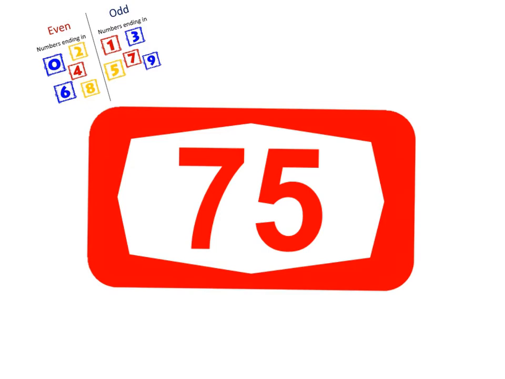We could even try it with really big numbers as well. Alright, here is that big number, for example, 8,074. Now you might think, geez, that is a big number, and I've got no idea if that is odd or even. But remember, we know that trick. We don't have to stress over it.